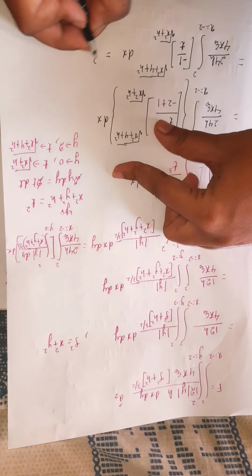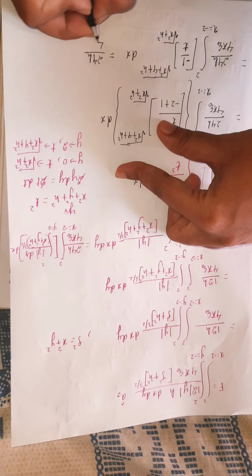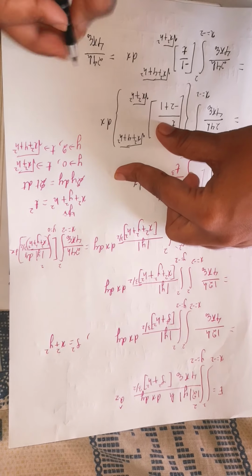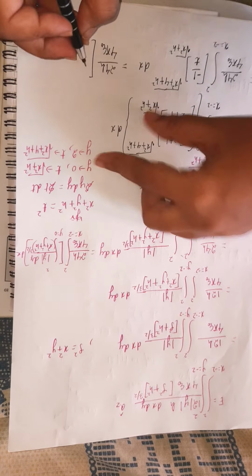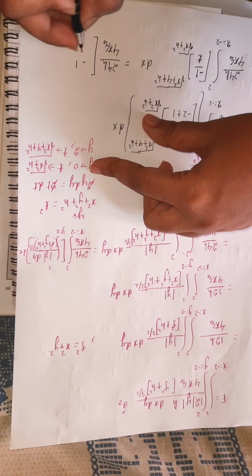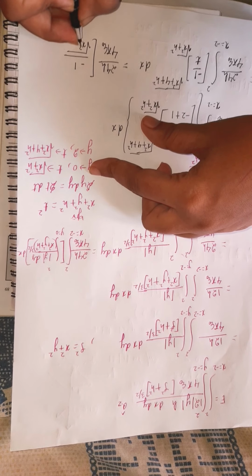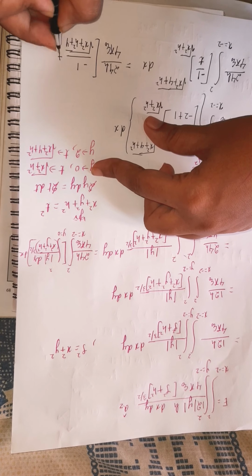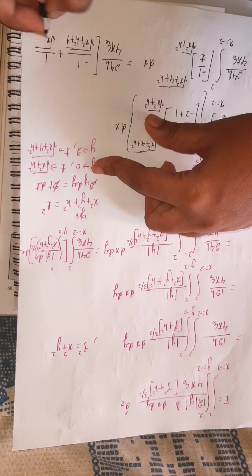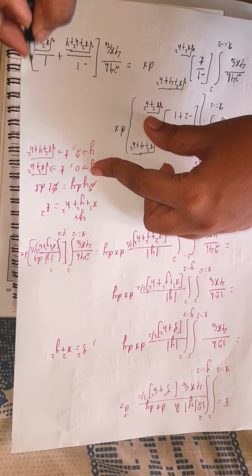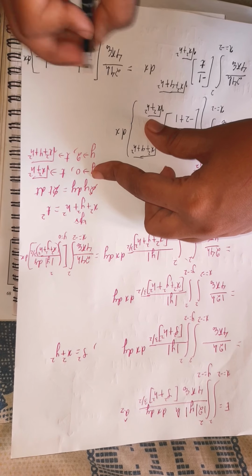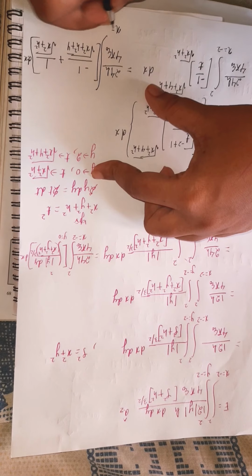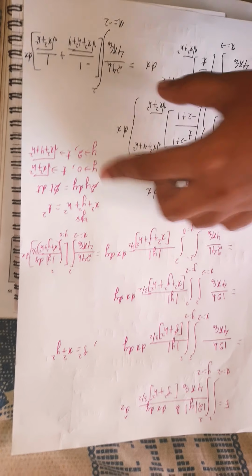Then next is equal to 24h by 4 pi epsilon naught. Let me substitute these values: minus 1 by root over of x square plus h square plus 4, plus 1 by root over of x square plus h square. This is dx over here, and this is integration of x from minus 2 to 2.